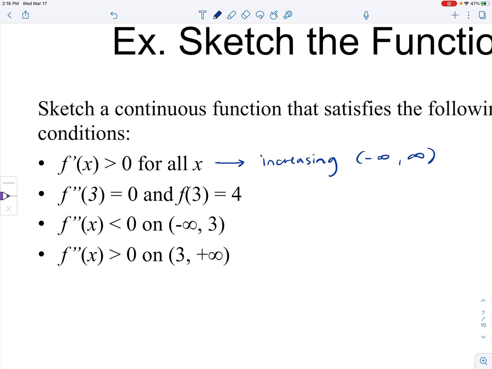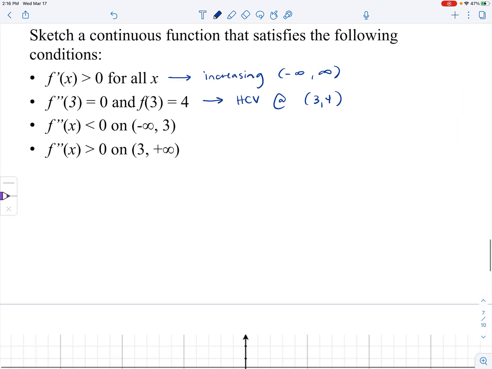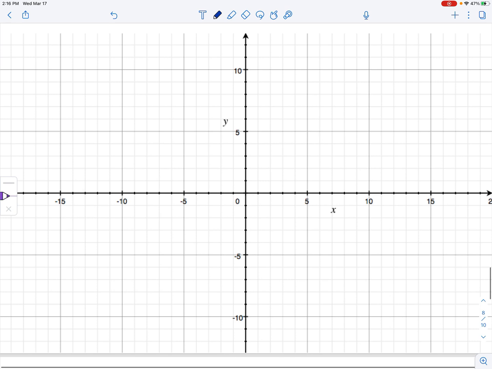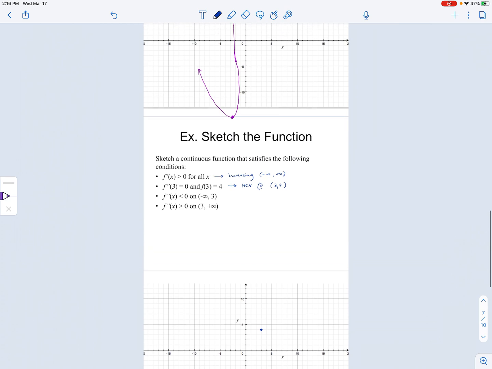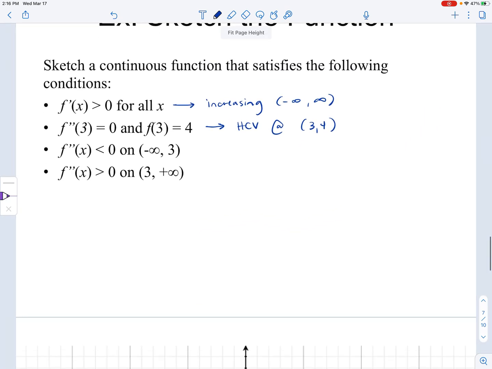So x equals 3 would be a hypercritical value, and then also being given f of 3 is equal to 4, that tells us the actual point at x equals 3. So that tells us there is a hypercritical point at 3, 4. And that's also a point we could graph, right? 3, 4.